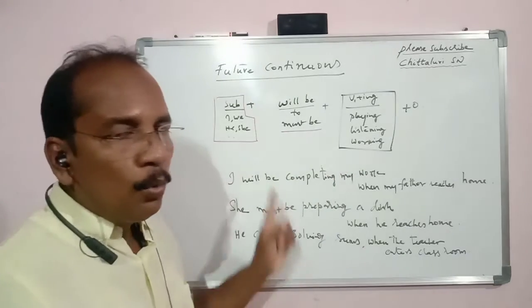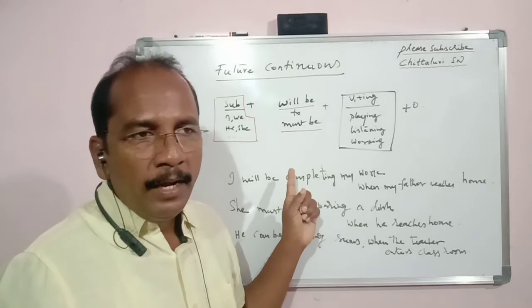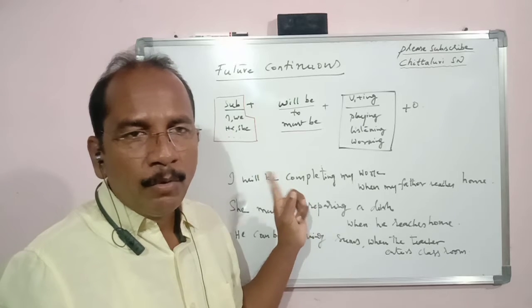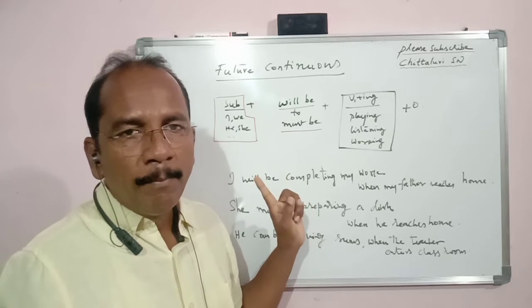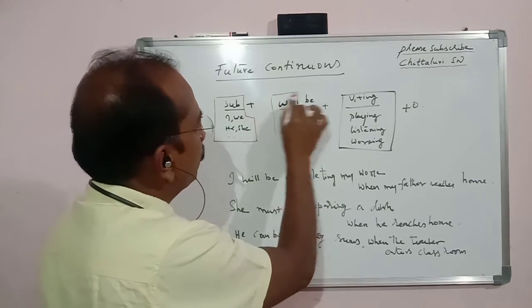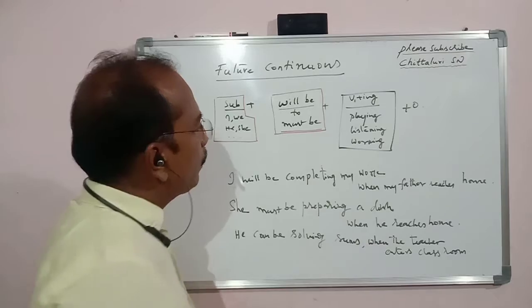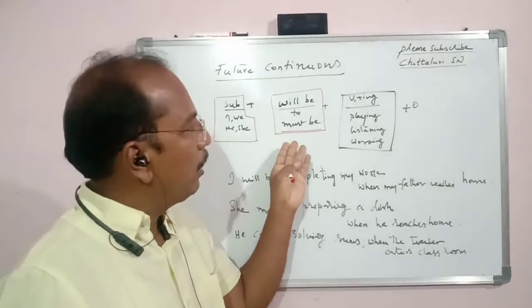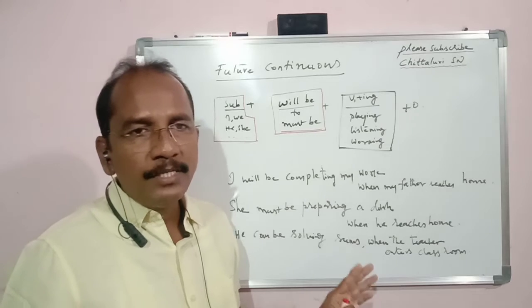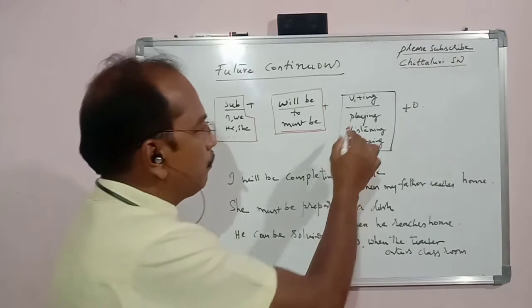Meaning here, will be, would be, shall be, should be, can be, could be, might be, must be, and so on. Likewise, all these modal verbs will come under this category. Coming to the main verb, V1 plus ing form, meaning present participle.